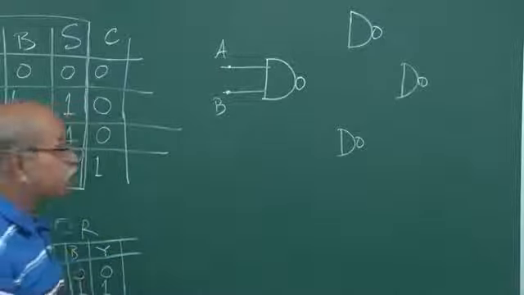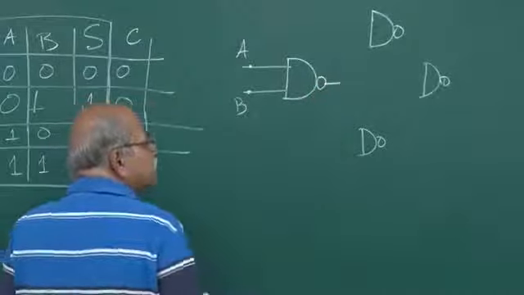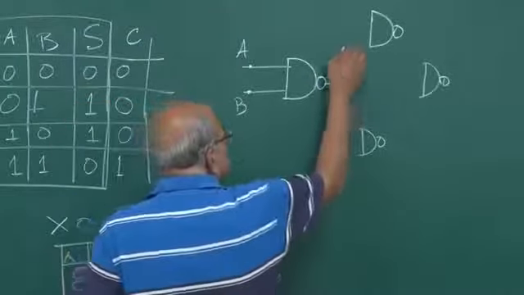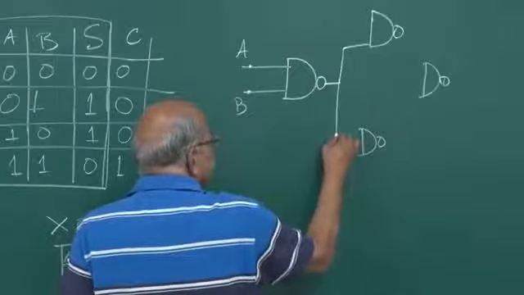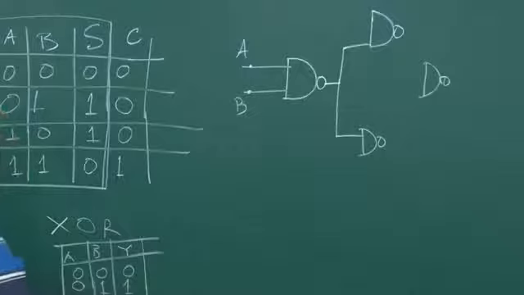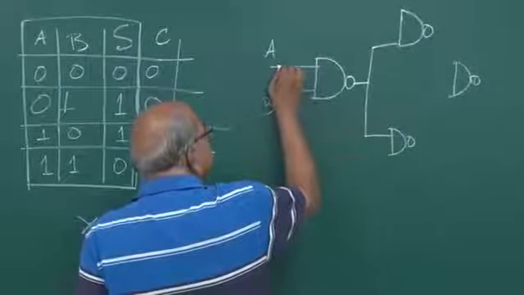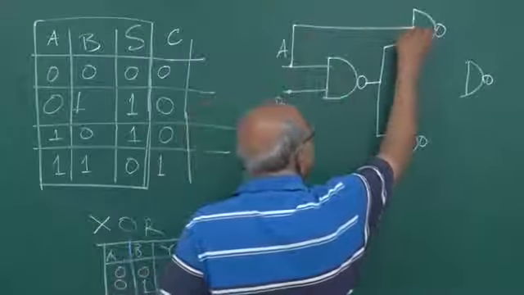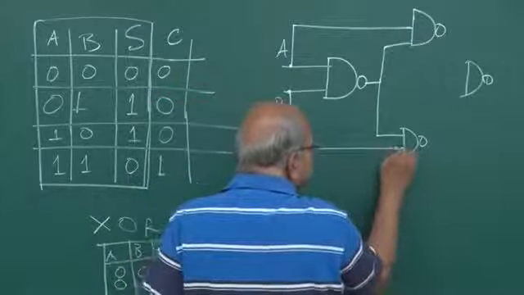Okay, then the output of this first NAND gate goes as an input here, and that also goes as input here, one of the 2 inputs. And then the second input comes from this A point itself. So this goes here, and then from B this goes here.